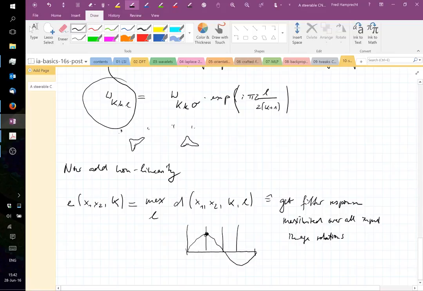Yeah? If on the other hand I have a phase shift, then the maximum is here, but the strongest responses that I get are only there and there, or the strongest response would be this one, but the maximum is that one.